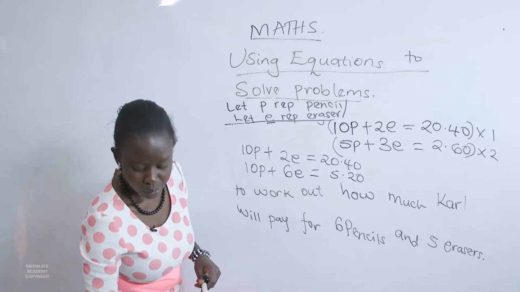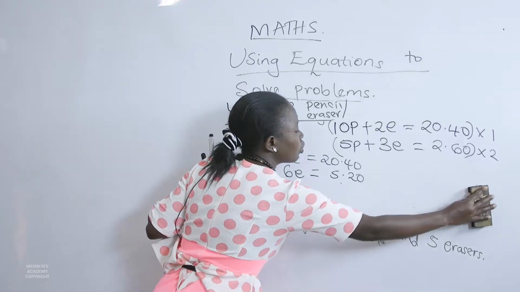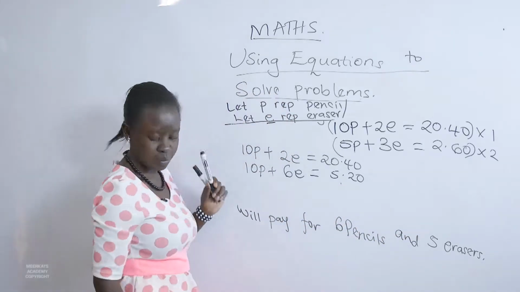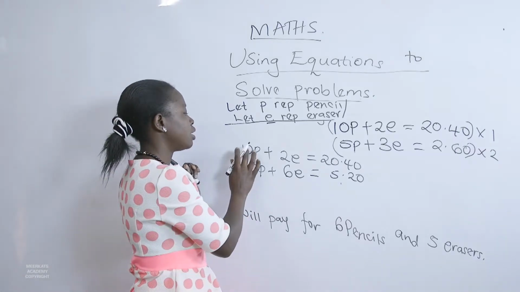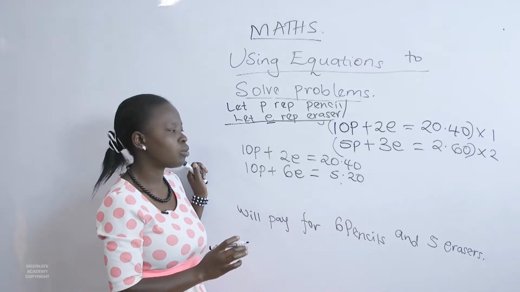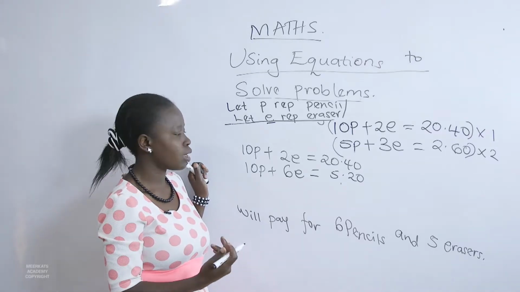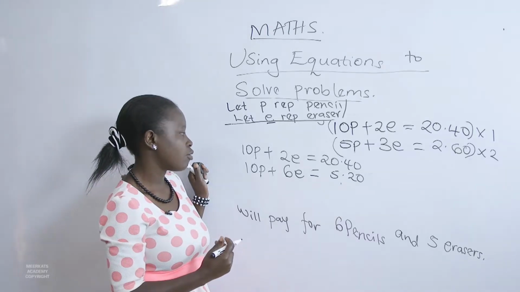So from there, we are eliminating. If we are eliminating, it means I need to eliminate the p, so that I'm left with only one pronumeral in my equation to make the simplification easier for us.